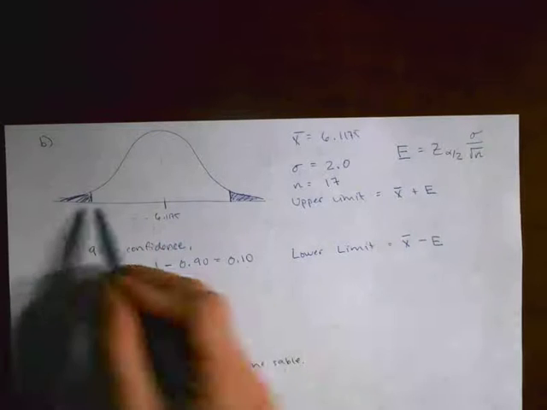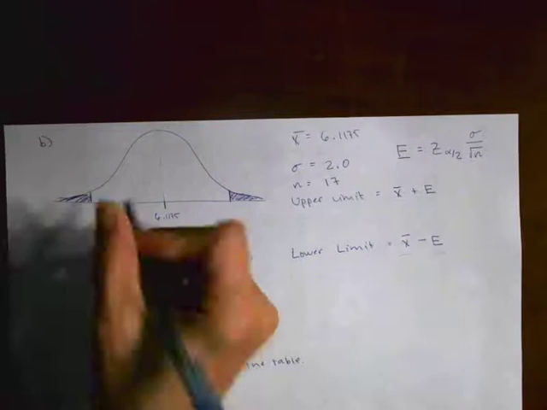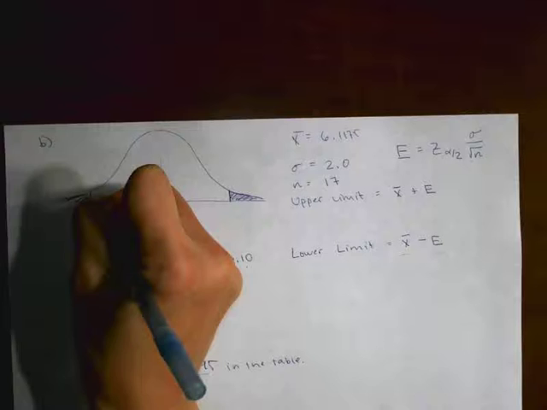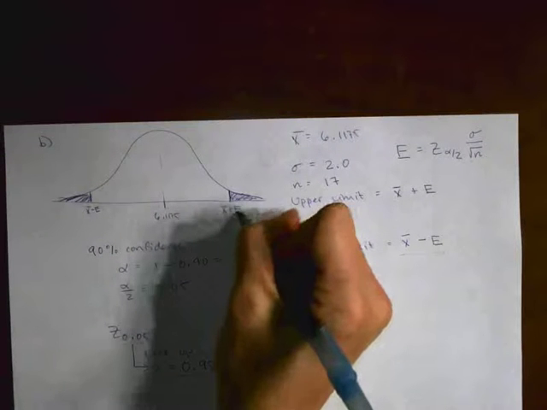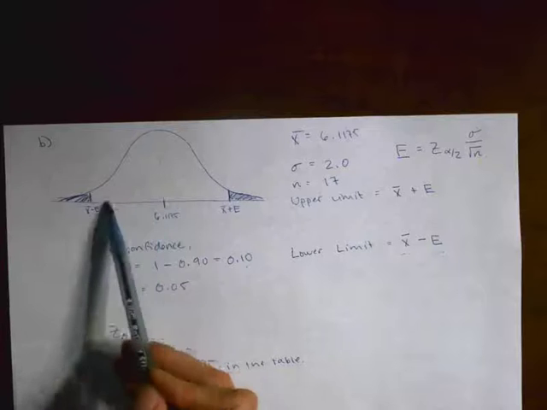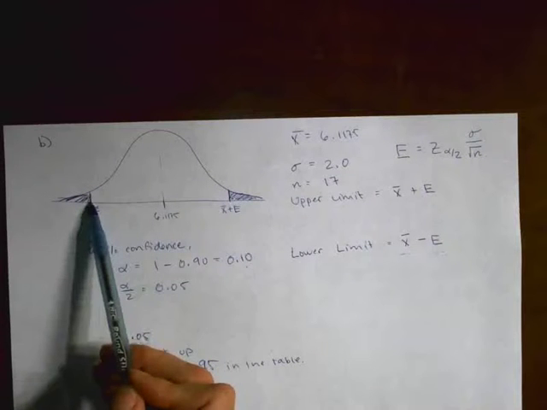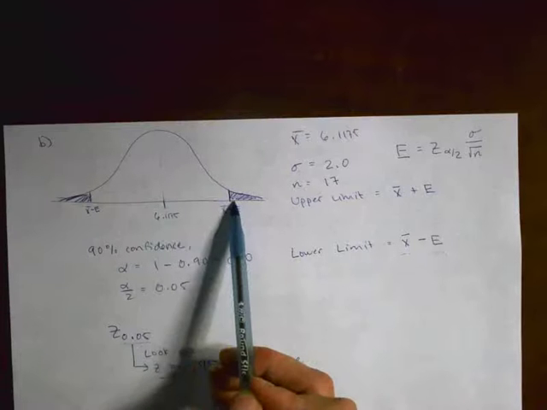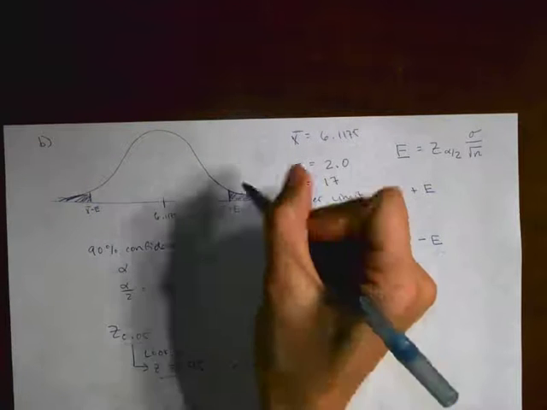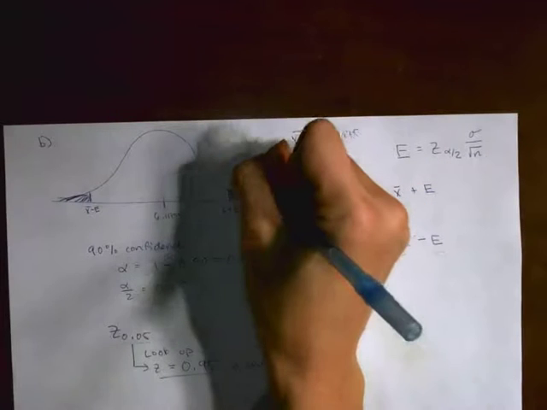Our 90% confidence interval is something where we want a lower limit, which is going to be X bar minus the margin of error, and an upper limit, which will be X bar plus the margin of error, such that 90% of all of the observations lie between the lower limit and the upper limit.